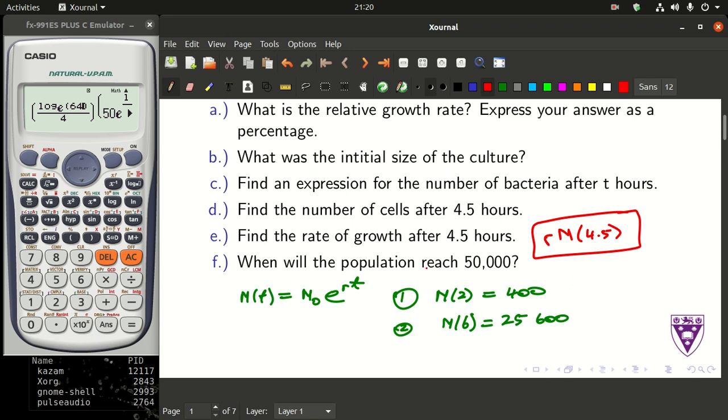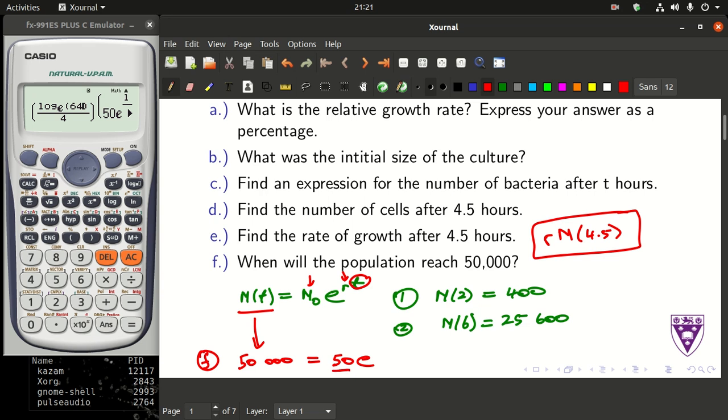When will the population reach 50,000? So here, for f, you're going to say, I want 50,000 is equal to 50 times e. So this value here is given. You are looking for t. You already know r, you already know n naught.